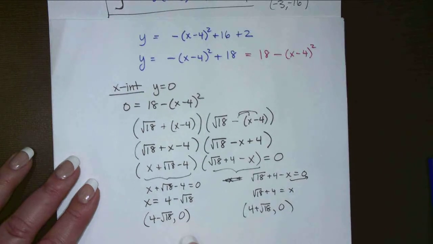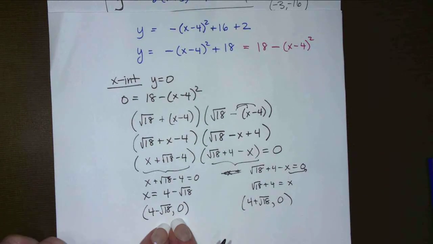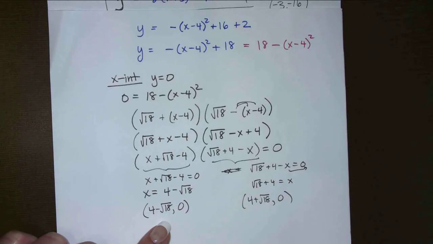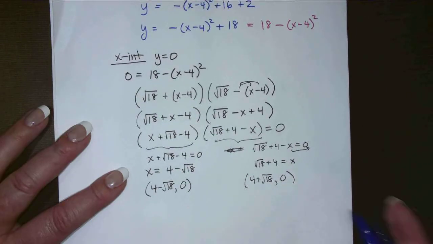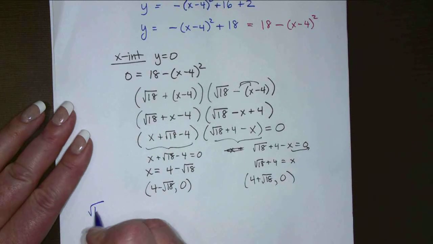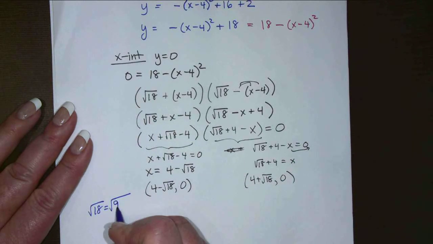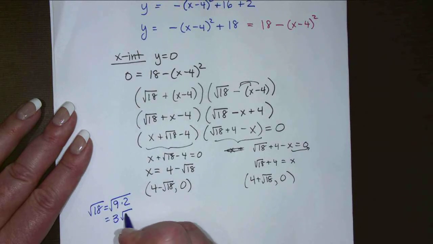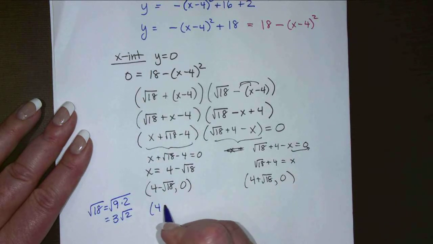Where would these have come from if we had done it the other way? Quadratic equation. We would have had plus or minus root 18 when we did the quadratic equation. You could reduce, I would probably reduce it further, right? What's root 18? 9 times 2? Square root of 9? 3? So this would be 4 minus 3 root 2.